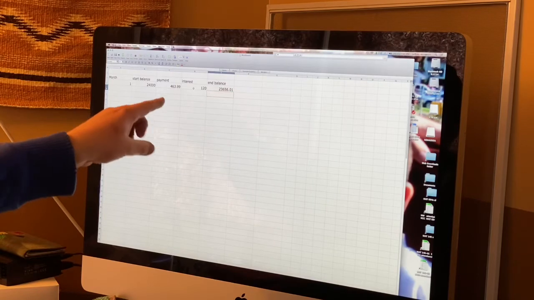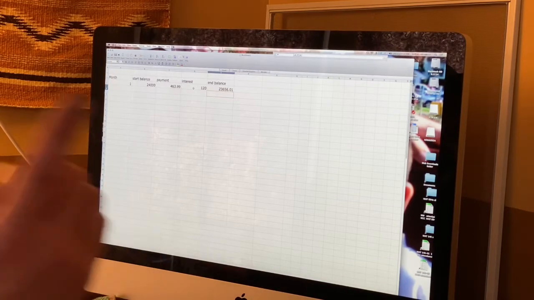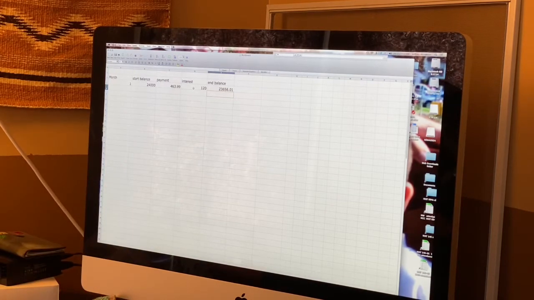So the 120 shrinks the 463 down, approximately 464, down to about 343.99, and takes that off. Now when we did it back there, it was 343.99 on the board. So that comes off and gets me the new balance.